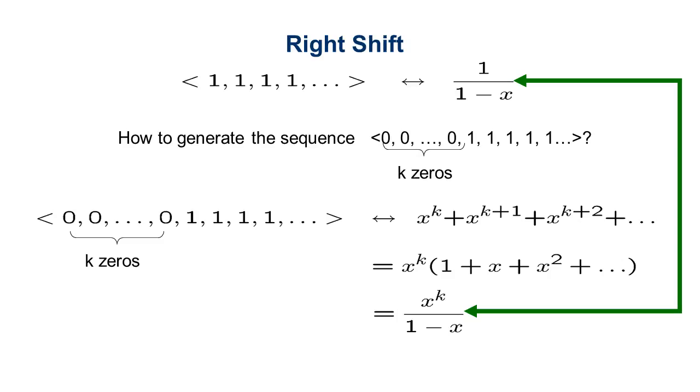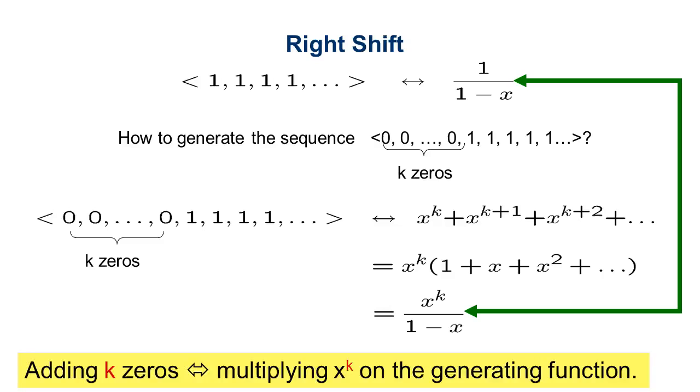If we multiply it here with x to the power k, it becomes x to the power k divided by 1 minus x. Adding k zeros means multiplying x to the power k on the generating function.